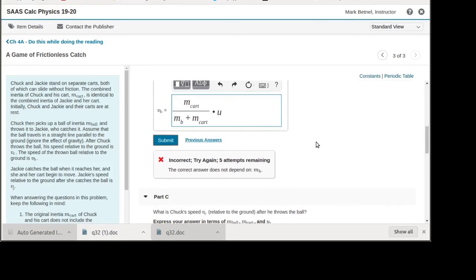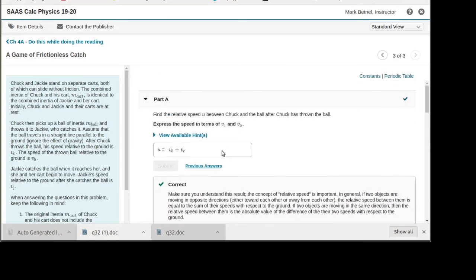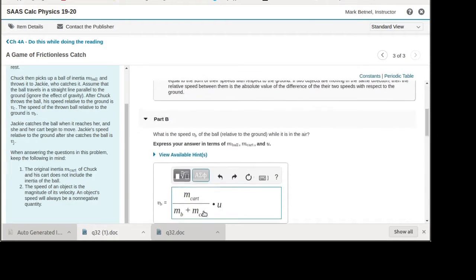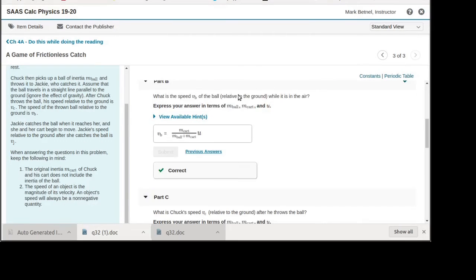And uh-oh. Does it say m sub ball? Yep, so I found it. It actually says m ball, not m sub b. So I need to be careful about that when I'm writing out the stuff on the whiteboard.